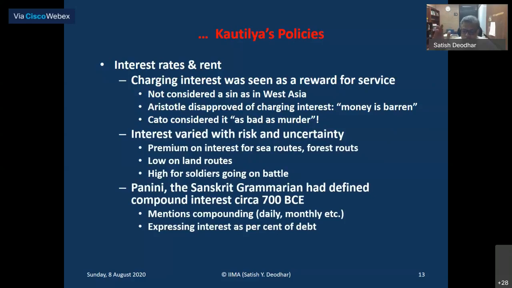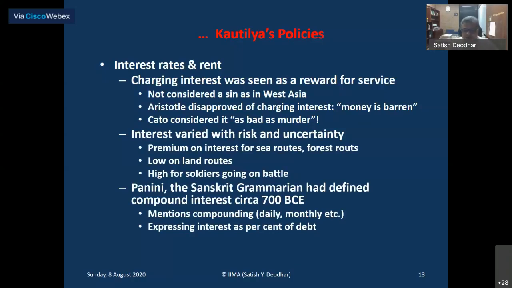By the way, Greeks and Romans never expressed interest or anything in percentage terms because they never had a decimal system in use. If you remember the Roman numerals, 1, 2, 3, and 4 is like this, with a 1 behind it. 5 is just this V, and 10 is two 5s, like this X. So 4 is 5 less 1, and 5 plus 5 becomes 10.